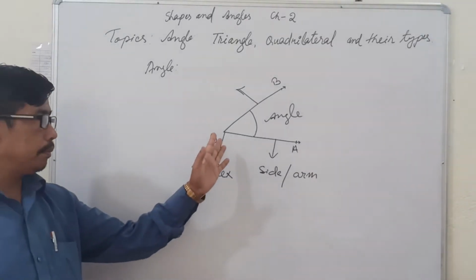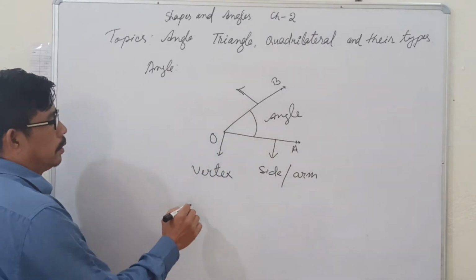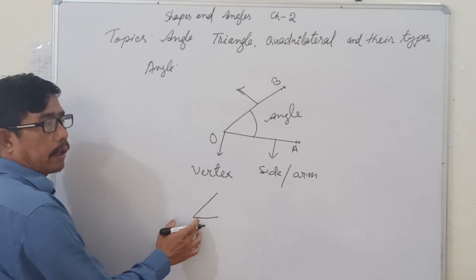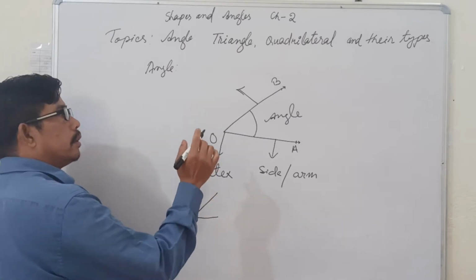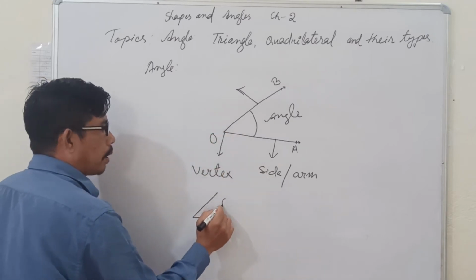And let's see how to name this angle. This is the symbol for angle. So the vertex should be in the middle.